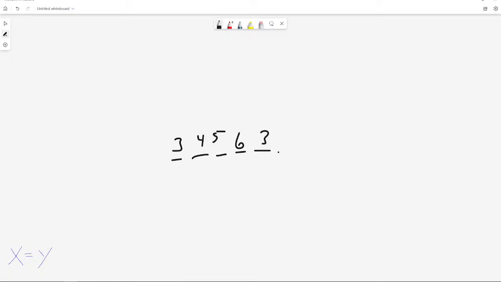The 3 here is in the ones place. The 6 here is in the tens place. The 5 is in the hundreds. 4 is in the thousands. And the 3 is in the 10,000s. And you can tell that also by the way we say it. So anything here, 1 through 9, is just 3 in this instance. If it was a 7, it would be 7.